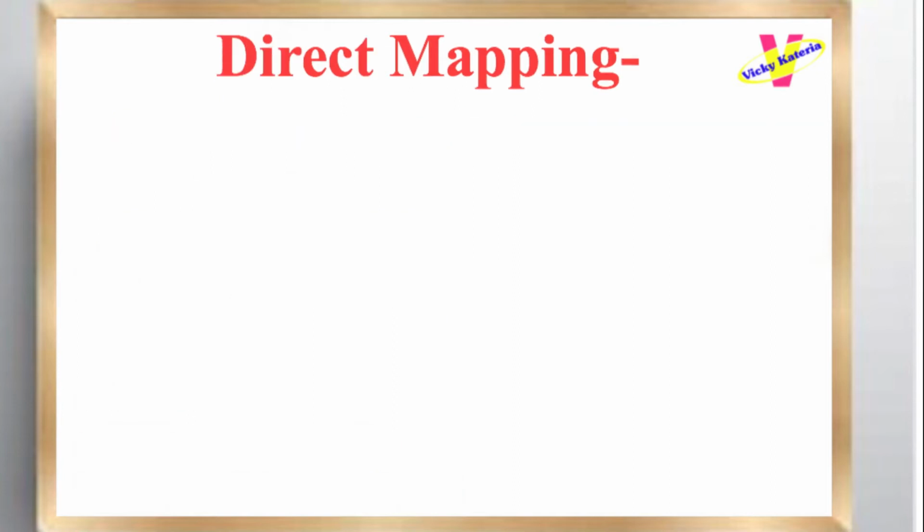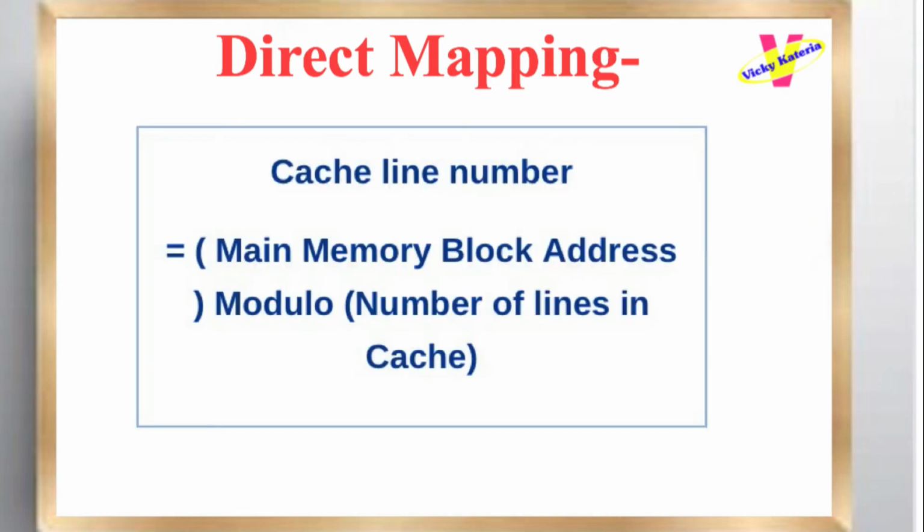Direct mapping. In direct mapping, a particular block of main memory can map to only one particular line of the cache. The line number of cache to which a particular block can map is given by cache line number equals main memory block address modulo number of lines in cache.